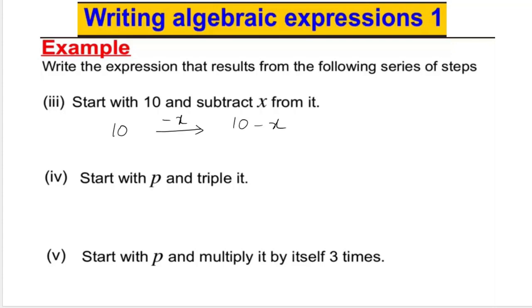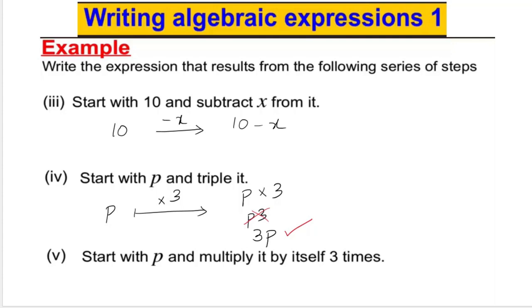The next one is start with p and triple it. So you have to start with p times by 3. You can write p times 3, p3, but the correct way to write it is 3p. You cannot write p3, that's wrong. This one is correct. Start with p and multiply it by itself 3 times.